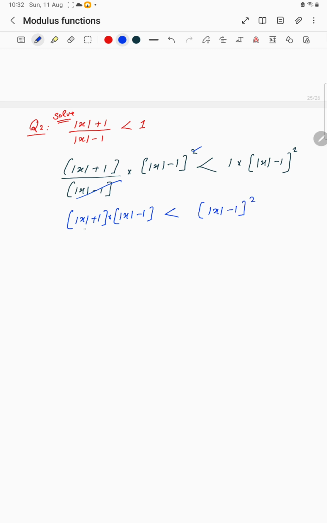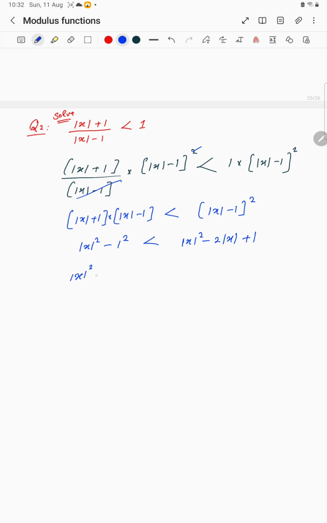And here you can see we can apply the identity (a plus b)(a minus b) equals a square minus b square, and here (a plus b) whole square gives x mod square minus 2x mod plus 1, right? And of course bring the terms on one side.